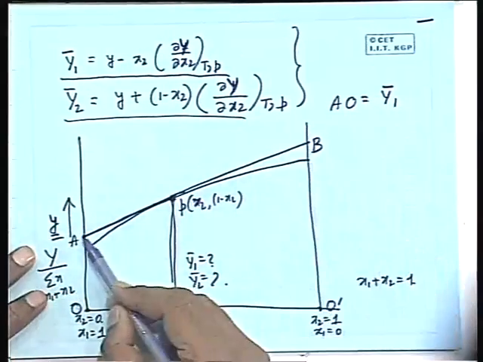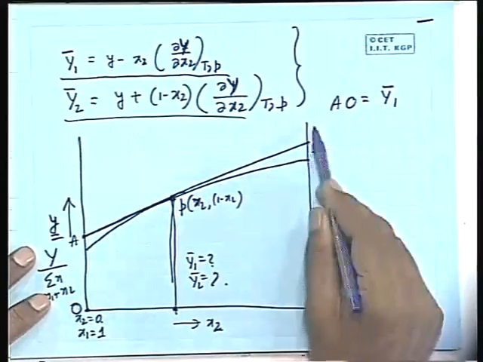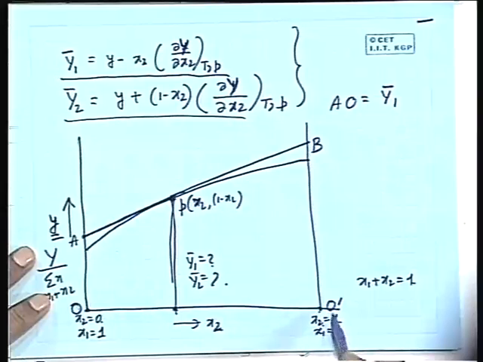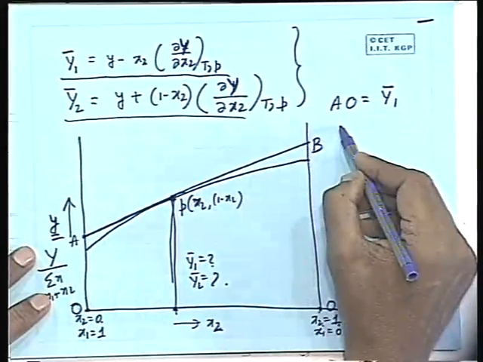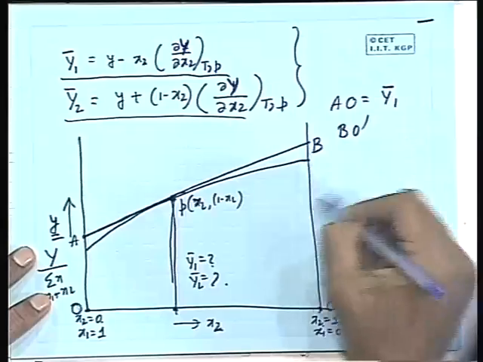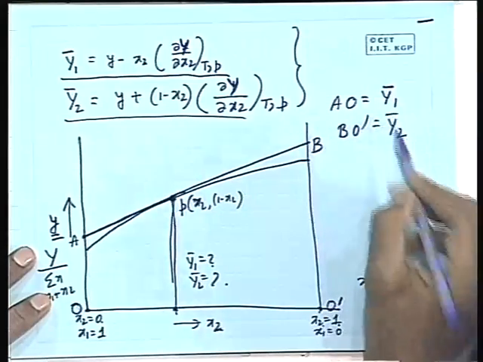And the intercept on the ordinate where x2 is equal to 1, BO dash, is equal to y2 bar.